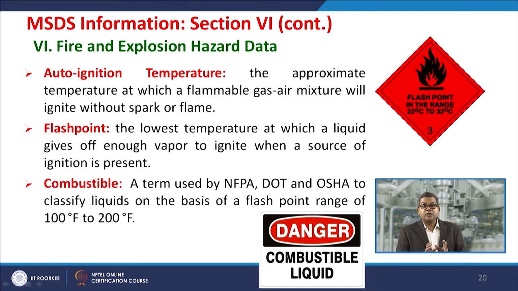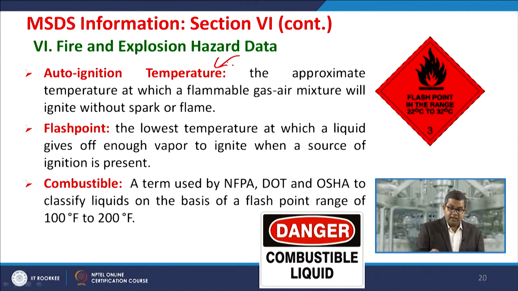So this information is essential, because when we discuss the Jaipur accident, then the AIT and flash point played a vital role, because the fire at the Jaipur terminal propagated because of the auto ignition temperature and flash point of the petroleum product. Right.